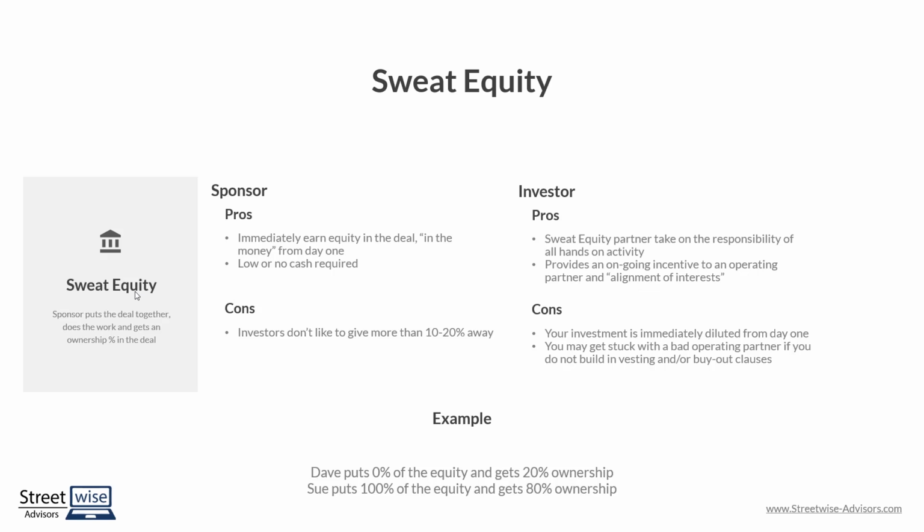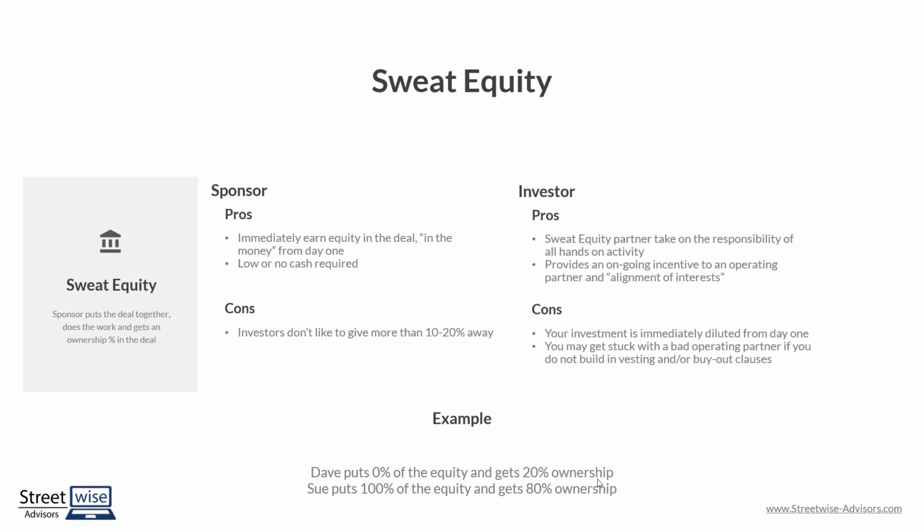So say, for example, you have Dave here who puts 0% of the equity. He gets a 20% ownership. As soon as he closes that deal with Sue, he now owns 20% of the property even before a profit is made. And so that puts Dave in a really good position because he's essentially got equity without putting any money down from day one.